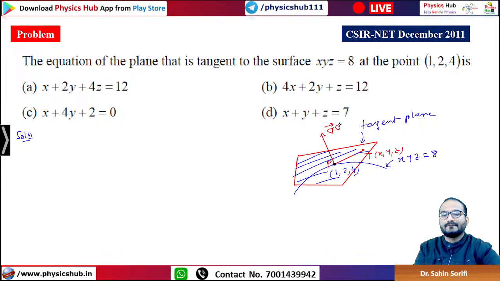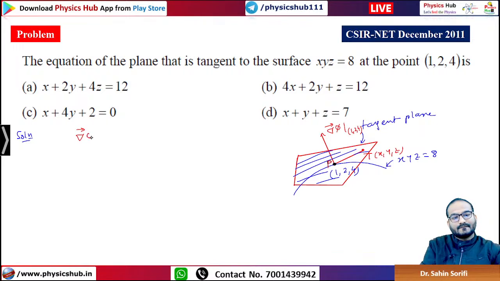Grad phi evaluated at 1, 2, 4. So the condition will become grad phi evaluated at 1, 2, 4 vector dot this TP or PT, whatever you say, will be 0. This is the thing, right?